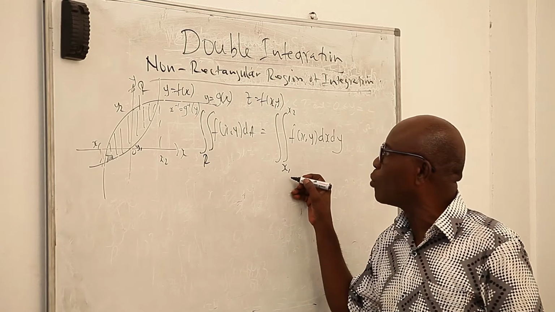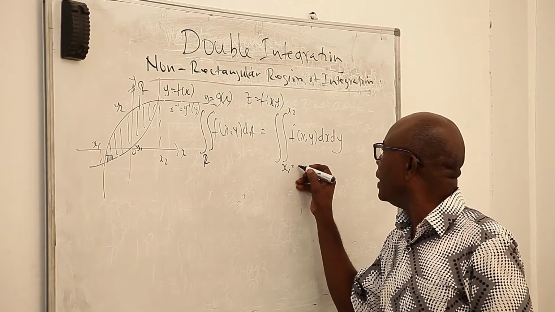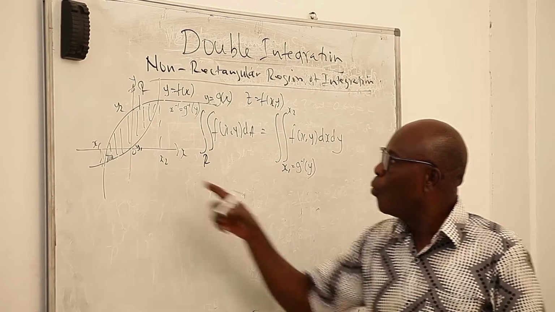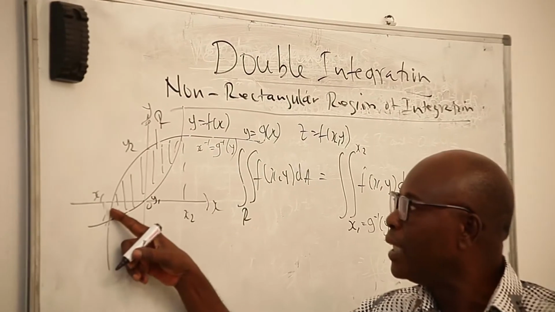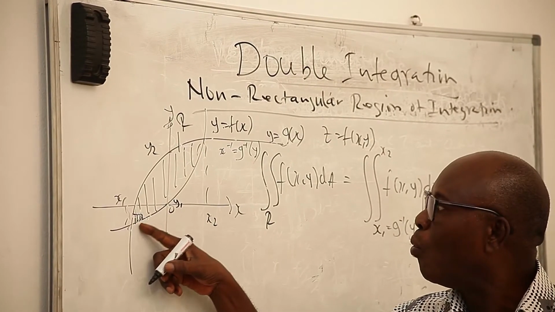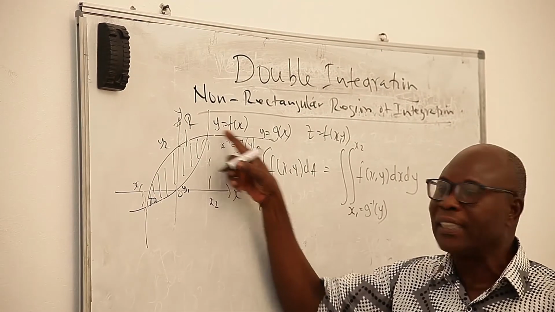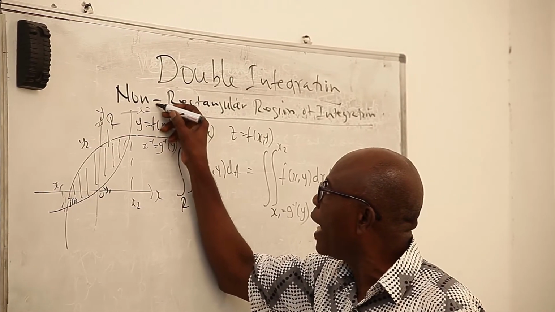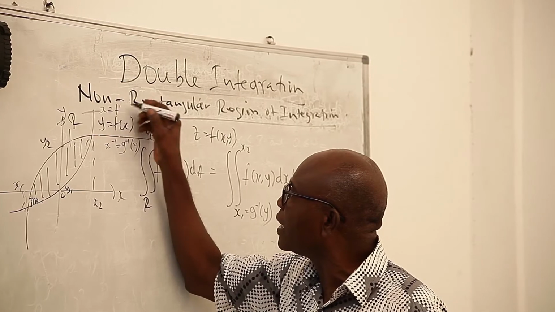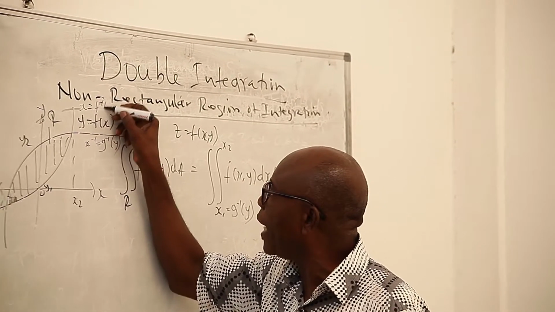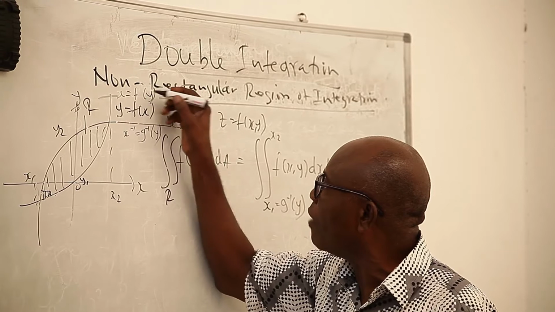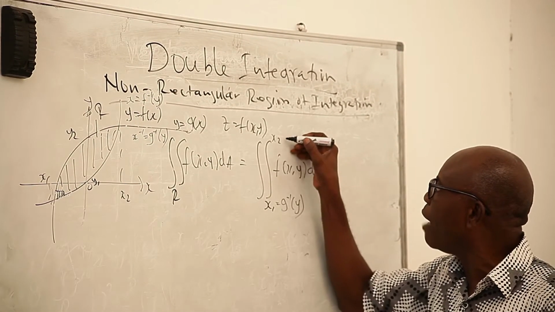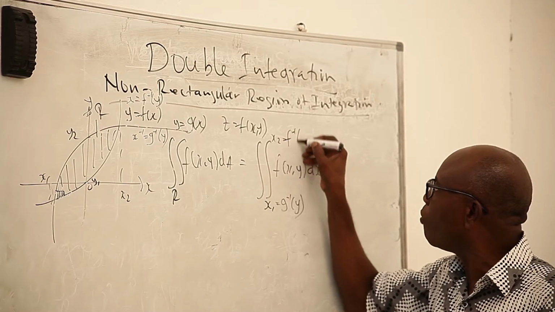So x1 will be g inverse of y. Then when we move to the upper curve, y equal to f of x, the inverse of this curve is x equal to f inverse of y. So x2 will be f inverse of y.